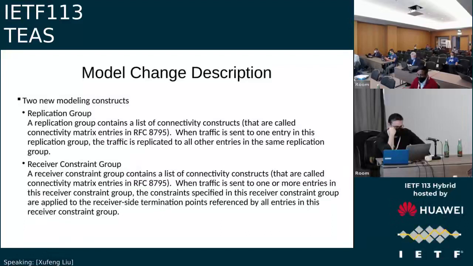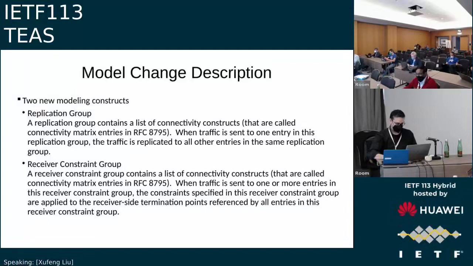The idea is that we group several connectivity constructs together. Once we group them together as a replication group, any traffic sent to one of this group will be replicated to the other constructs. This way we easily make the P2P construct into a P2MP.